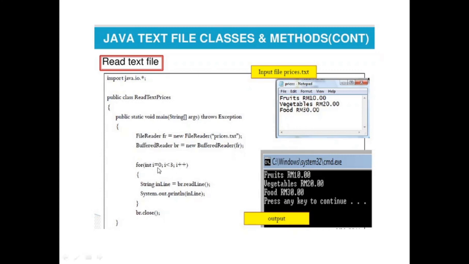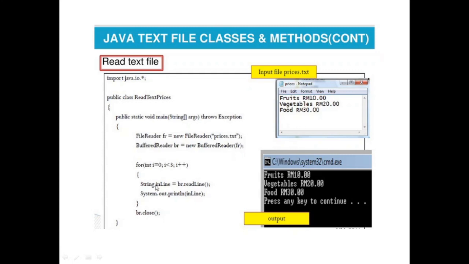As we already know that it consists of 3 lines, the loop can be written from 0 to less than 3, and there is a String variable inLine that will read the line. The first readLine will return the first line, so br.readLine will return "fruits RM10.00", and then it will position the pointer to the next line.